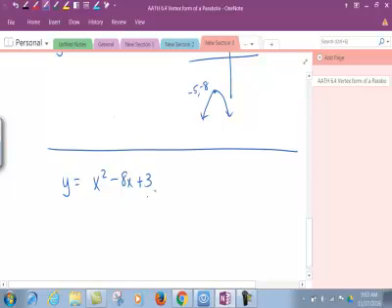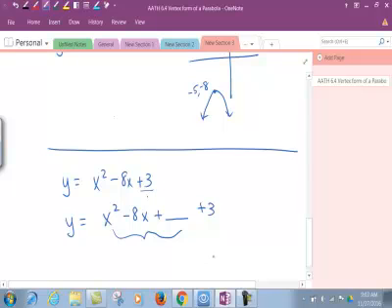Here's my standard form of a parabola, and I want to change it to vertex form. Step one is to take the first two terms and put a plus blank, which is the completing the square part. Then here's the big difference: this plus 3 does not move to the other side. We just move it a little bit further to the right.